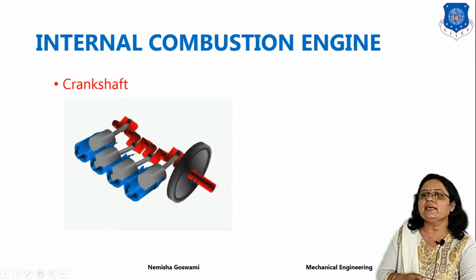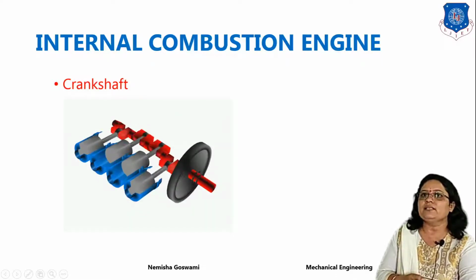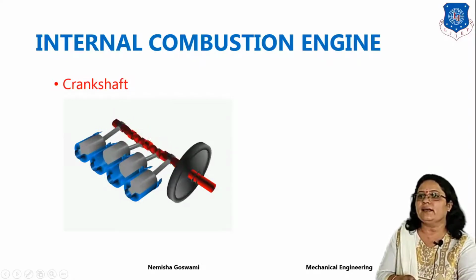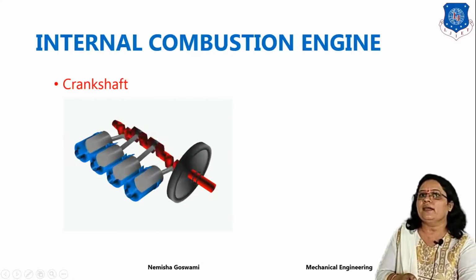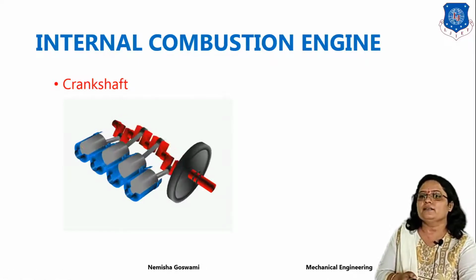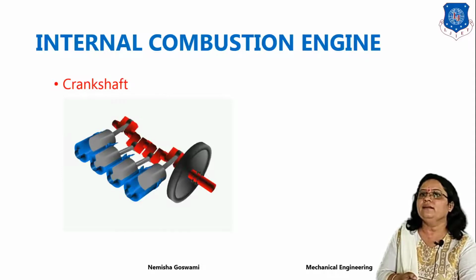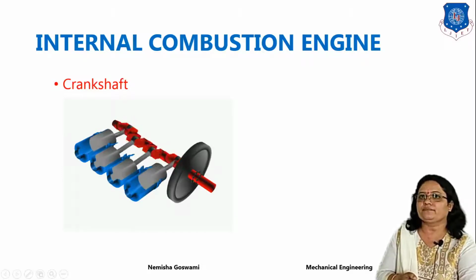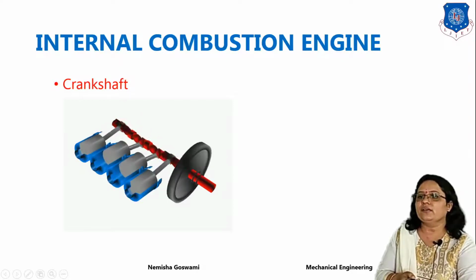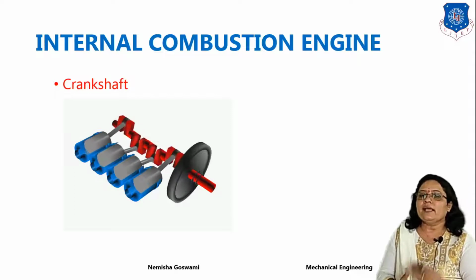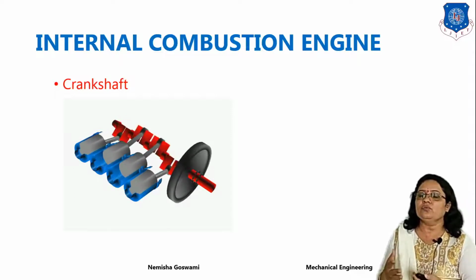You can see in this diagram that this dark blue section is known as the cylinder, and the light gray section is the piston, which has linear or reciprocating motion. And this section is known as the crankshaft.